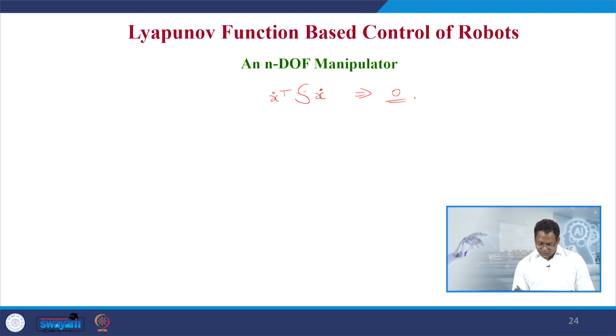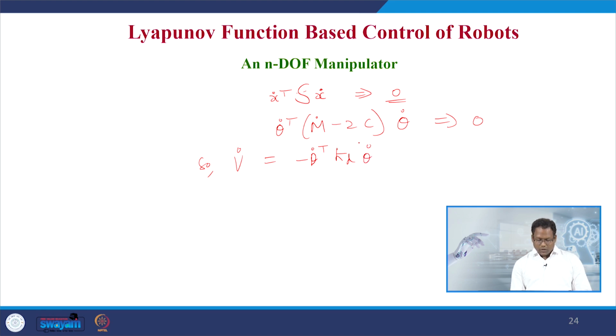Because of that, theta dot transpose into M dot minus 2 times C matrix into theta dot gives 0 in the previous equation. That is why we end up with V dot equal to minus theta dot transpose Kd into theta dot.